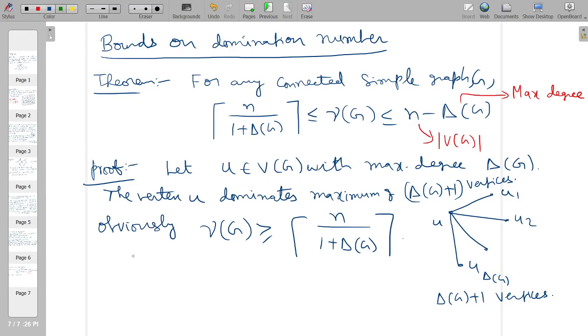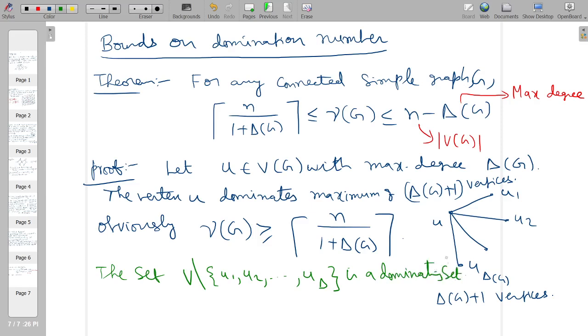What you do here is the set V minus {u1, u2, and so on, u delta} is a dominating set, because you can see that u1, u2, u3, up to u delta are dominated by u.